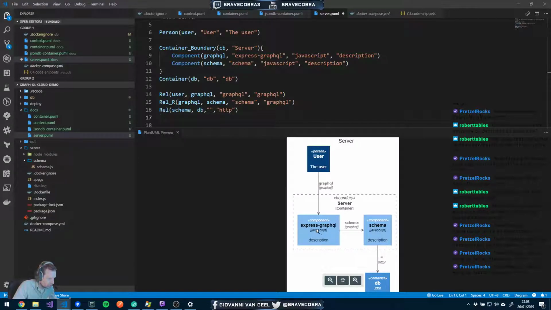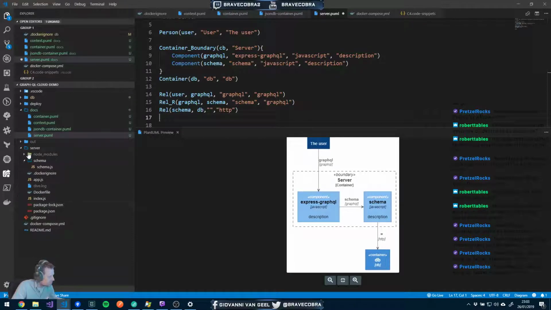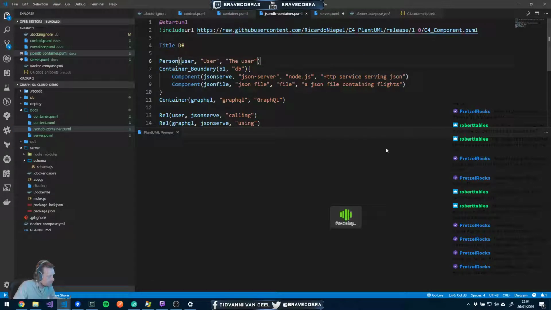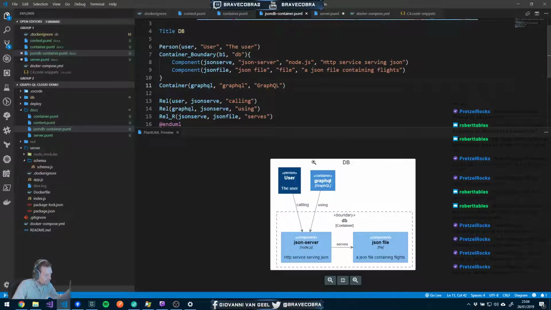So we've got a user connecting to the Graph API that is going to look up in the schema, and the schema is connecting to the database container, which is then described here. So we get GraphQL coming in, connecting to the JSON server, which then serves a file. Plain simple.